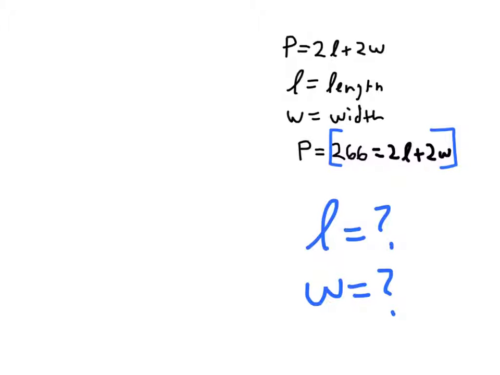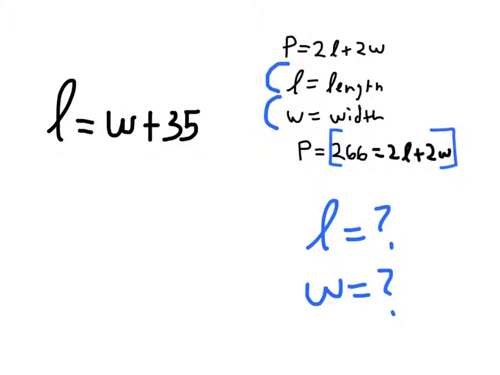All right, well, we know that according to the problem, the length is 35 feet more than the width. Since L stands for length and W stands for width, we could say that the length equals 35 feet more than the width, so that would be W plus 35. And that's a nice relationship between length and width.